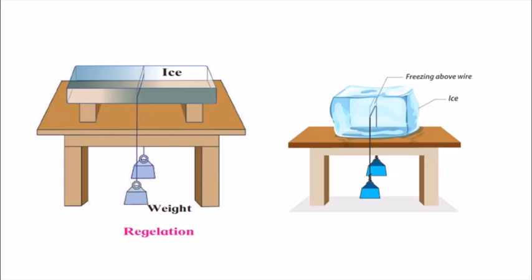But as soon as you remove the pressure, the melting point is restored to 0 degrees Celsius. The melting point had been going down, but once the pressure is removed it does not stay down and becomes 0 degrees Celsius again. So this phenomenon is called regelation, in which the water gets converted into ice again.